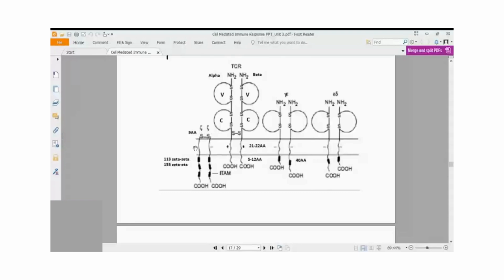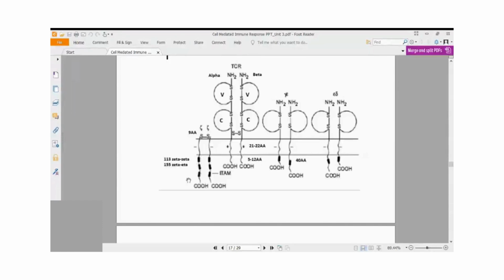The transmembrane domain contains once again acidic amino acids, that is aspartic and glutamic acid. Compared to other cytoplasmic domains, that is of the TCR plus CD3 complex, the cytoplasmic domain of this zeta zeta or zeta eta is a long chain of amino acids. If it is zeta zeta, about 113 amino acids are present in the cytoplasmic domain.